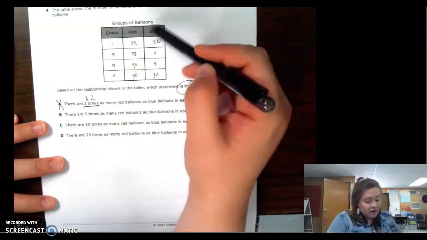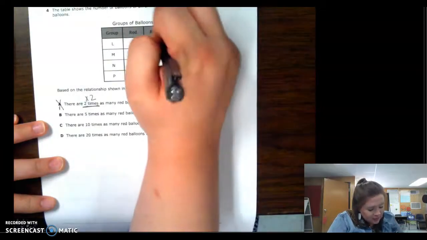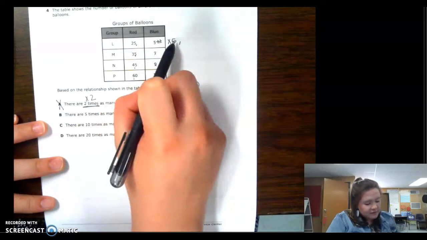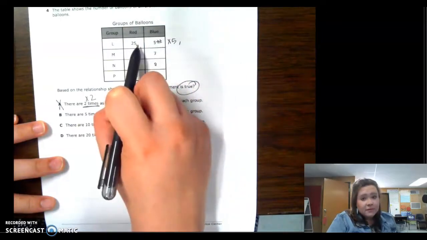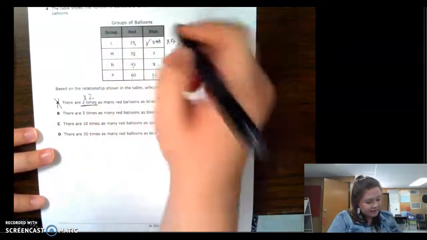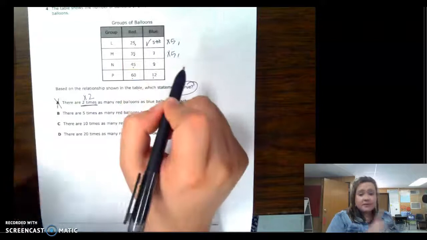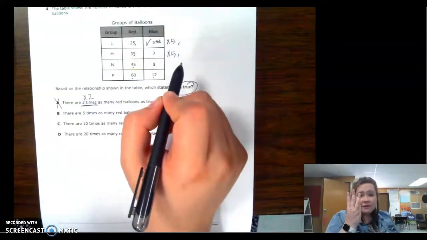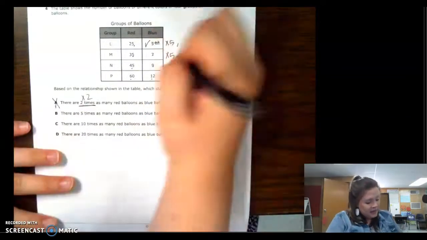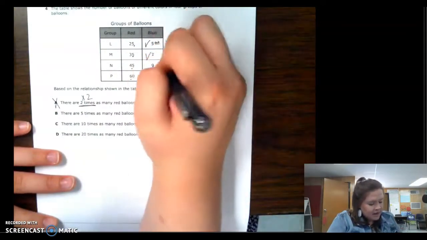So I'm going to go for my blue balloons and multiply by 5. 5 times 5, does that equal 25? 5, 10, 15, 20, 25. Yes, that does. 7 times 5. 5, 10, 15, 20, 25, 30, 35. Yes? 9 times 5.